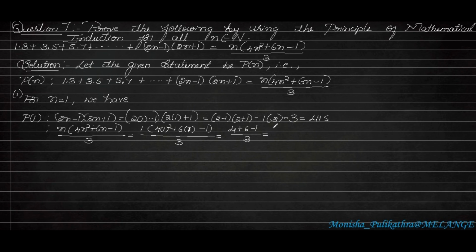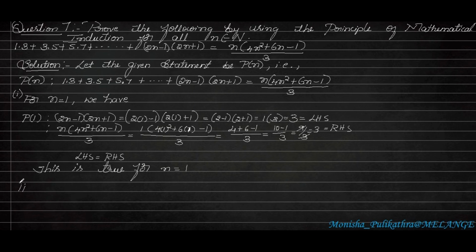So 6 plus 4 is 10. 10 minus 1 by 3. So which is 9 by 3, also equal to 3 itself. So this is equal to RHS. So since LHS is equal to RHS, so this is true. So P of n is true for n is equal to 1. So this is the first step which we proved it as true.